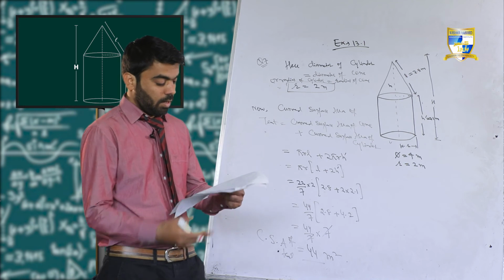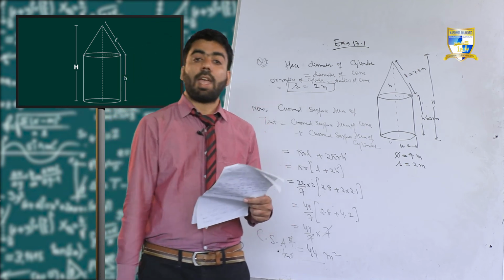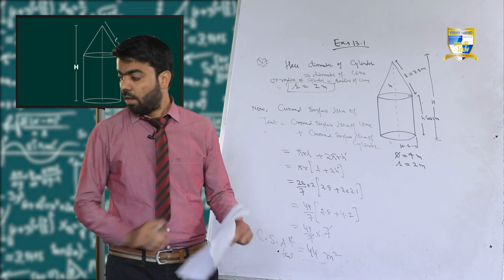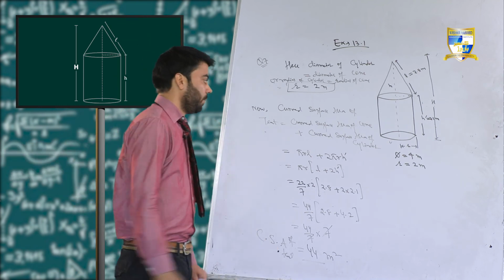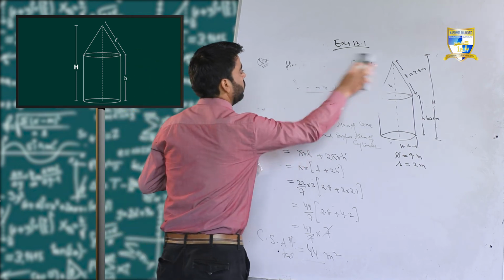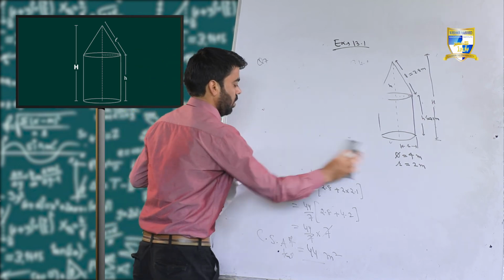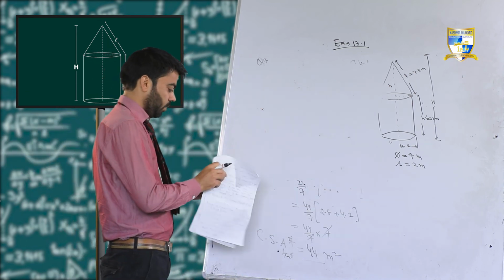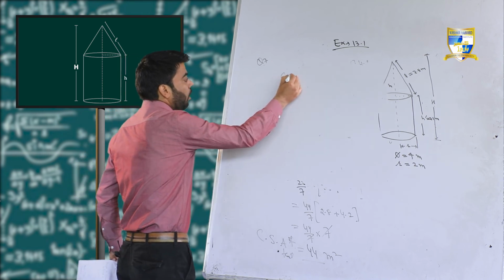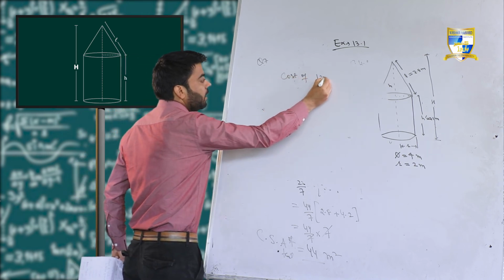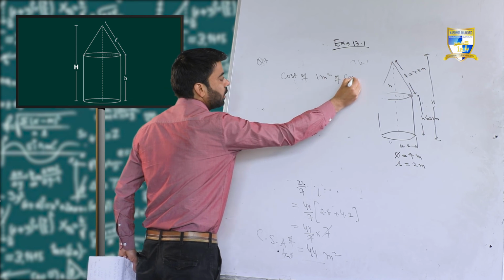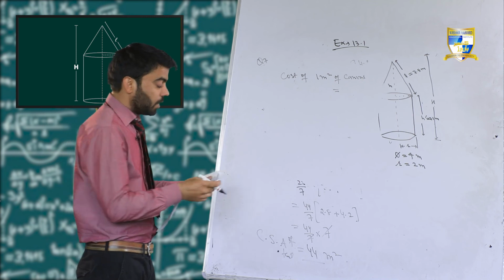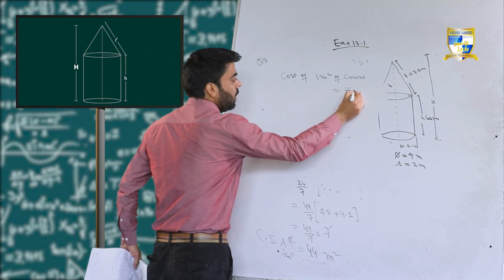What does the question say? It says find the cost of the canvas of the tent at the rate of rupees 500 per meter square. We are supposed to find the cost. Now, we will write: cost of 1 meter square of canvas is equal to, as given in the question, rupees 500.